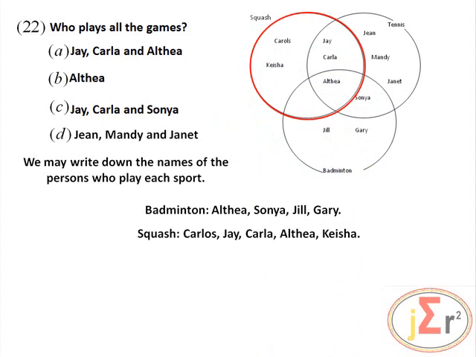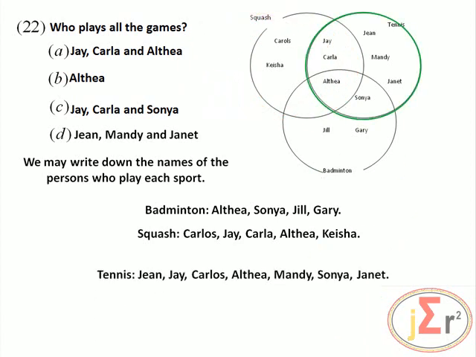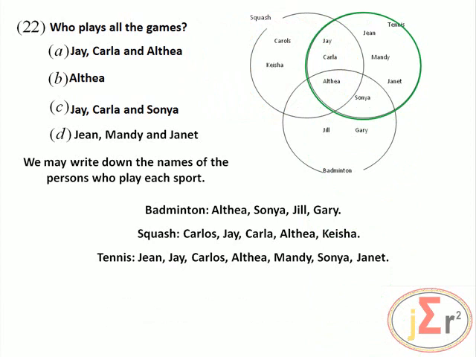Carlos, Jay, Carla, Althea, and Keisha. And let us do the same for tennis. Write down all of those who play tennis. So we have Jean, Jay, Carlos, Althea, Mandy, Sonia, and Janet.